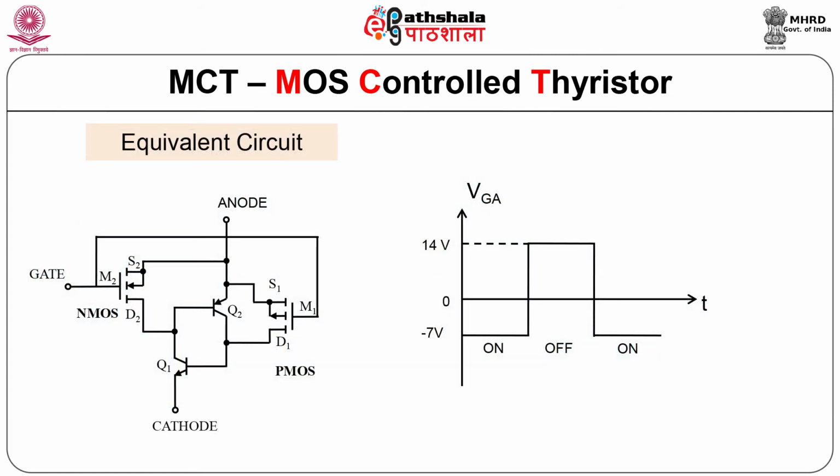The figure shows the equivalent circuit and the gate drive pulse which is required to turn on and turn off the MOS thyristors. So, a 14 volt pulse is required across gate and anode to turn off the thyristor. Minus 7 volt is required to turn on the thyristor.